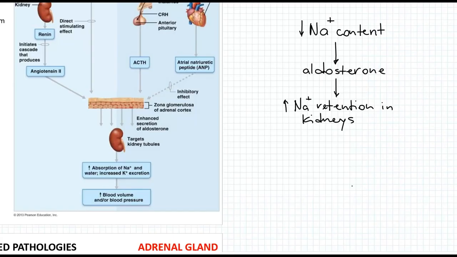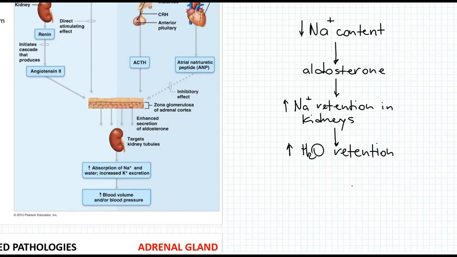Now what follows sodium? So it will also increase water retention. Now, before I move on, let me pause and ask you. When we increase sodium retention in kidneys and we bring sodium back in the body, do we increase sodium content? Yes.